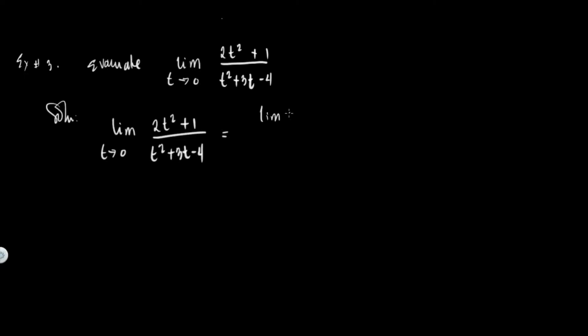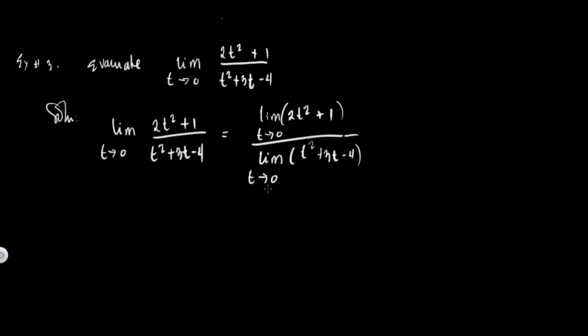The limit of 2t squared plus 1 as t approaches 0 all over the limit of, natin ng parenthesis, no? t squared plus 3t minus 4 as t approaches 0. So, ganyan yan isulat.